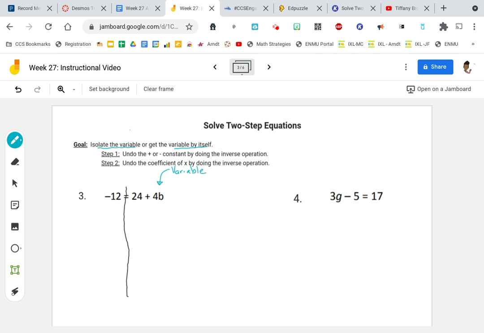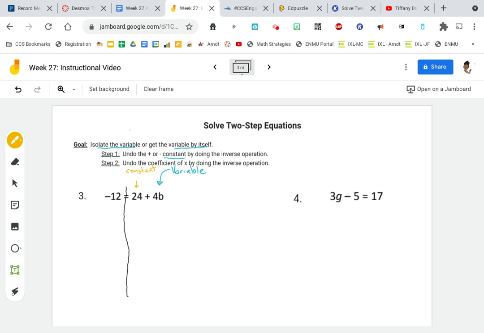So the first thing we're going to do is look for the constant. So I'm on the right hand side. I'm looking for the constant or the number that is just a number. Remember, no variable. Well, our constant is this 24. In fact, that's a positive 24.